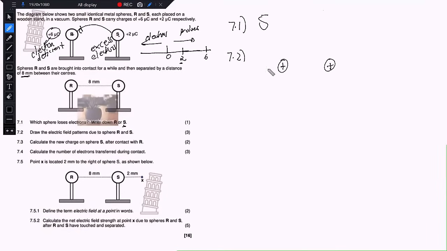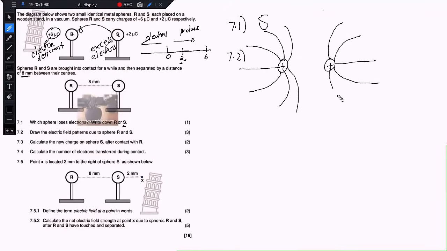With the repulsion, this is how we will indicate that. Indicate your field lines like that. You don't need to show a lot of field lines, just a few, so that they do not touch or cross each other.